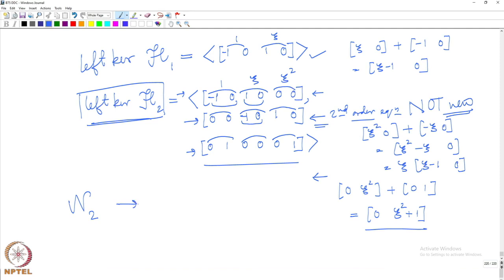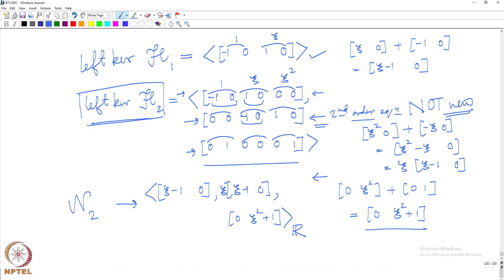So, N2 as a vector is given by xi minus 1 0, comma xi times xi minus 1 0, comma 0 xi squared plus 1, the linear span of that.